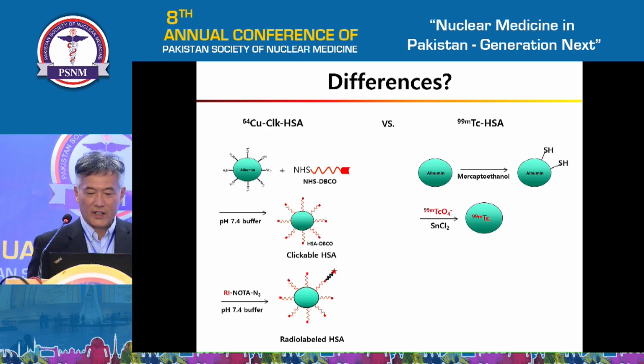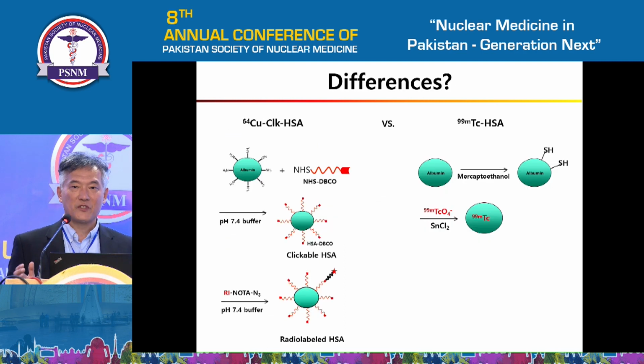We think that with click chemistry applied to human serum albumin, the radiolabeling procedure is outside of the albumin. But for technetium HSA, the radiolabeling procedure uses the highly reactive tin chloride, and that tin chloride solution can damage the human serum albumin.